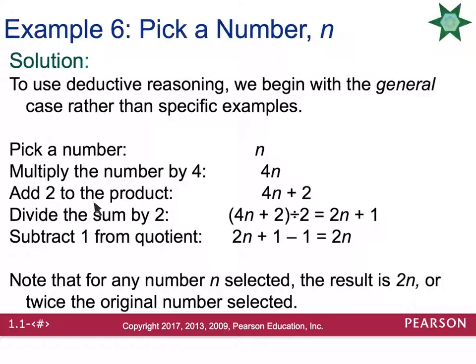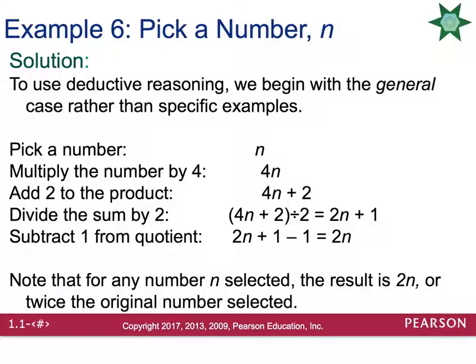Okay, and then we're going to add 2 to that product. So we're taking 4n plus 2. Notice we can't do anything with this. It's just hanging there, right? Because we don't know what n is, right? Okay. Now we're going to take that 4n plus 2 and divide by 2. Now when you do that, you're dividing the 4n by 2, and you're dividing the 2 by 2.